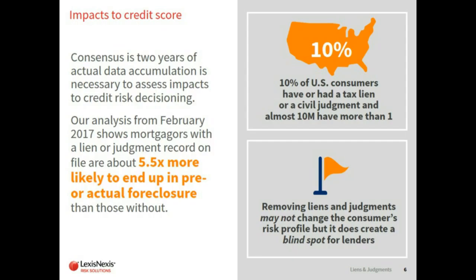So at this point, let's get into talking about a related topic that has garnered so much attention over the past year, and that's the impacts to the credit score.